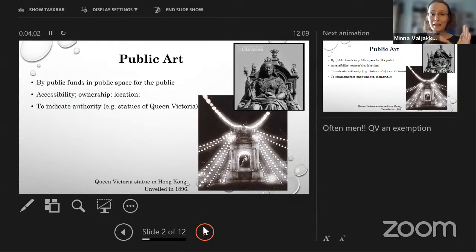But it was placed into this kind of marble building so that it becomes a bit of a massive construction in a park. And for example, in order to celebrate King George's coronation, it was lit with these beautiful lights.